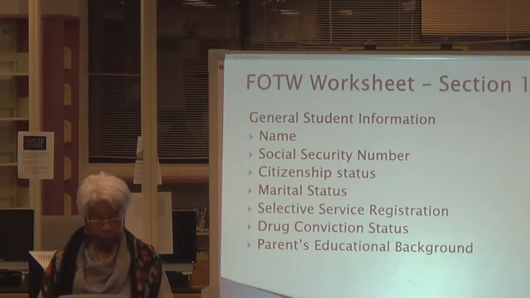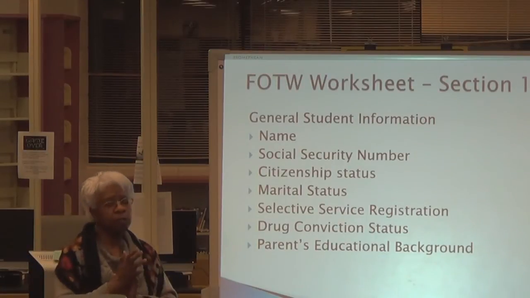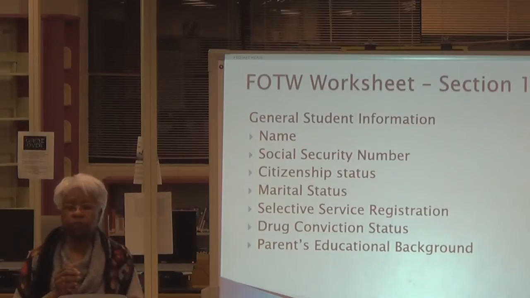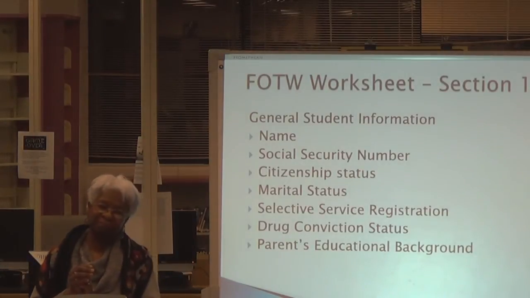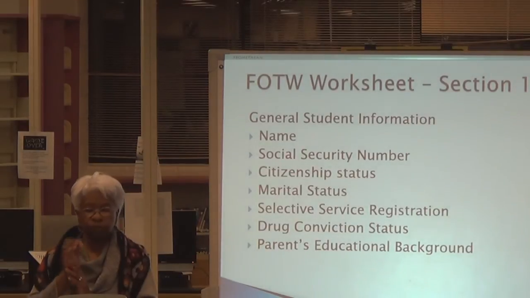Okay, the first section, parents, please allow the student to fill it out. Students, fill it out. You can do that with them, but don't do it for them.